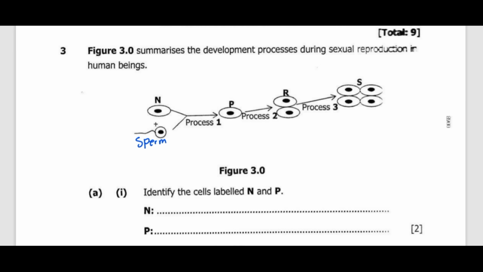From this we can see that if this is a sperm cell, then this should be an ovum. An ovum is just a female sex cell. If an ovum joins with the sperm cell, then process 1 here is what we call fertilization. Fertilization mostly occurs in a fallopian tube.